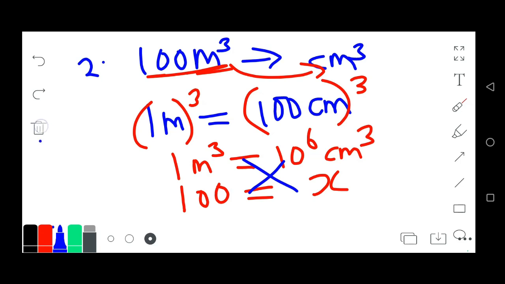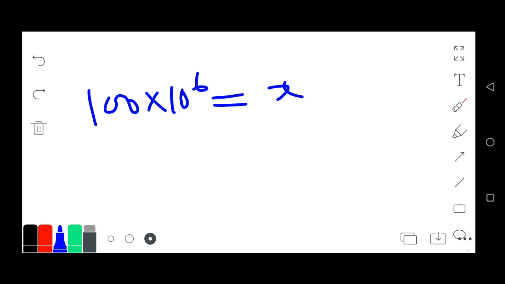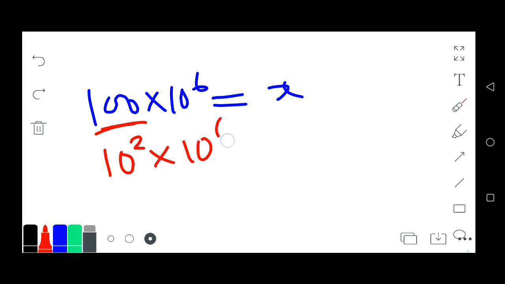So we can also write this 100 as just 10 to the power 2, multiplied by 10 to the power 6 equals x.